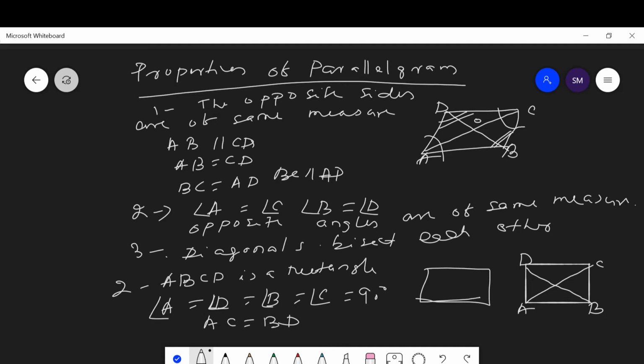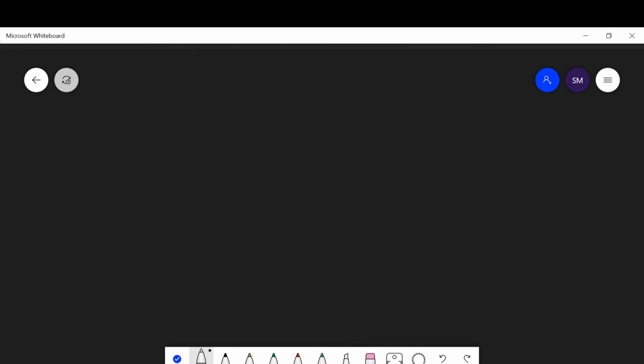Now let us discuss the properties of a rhombus. A rhombus is also a type of parallelogram, but the basic difference between a rhombus and a parallelogram is that in a rhombus all four sides are of the same measure.